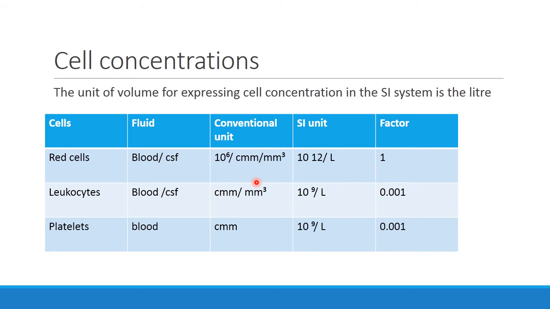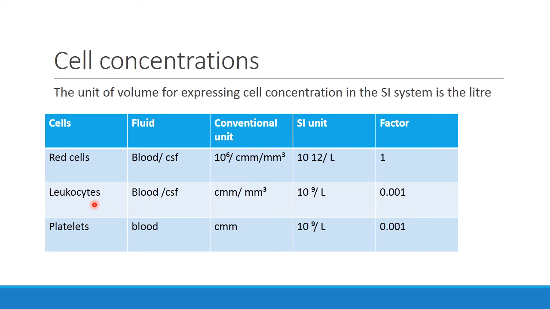So a smaller unit is converted to a higher unit, so you will be getting a particular factor. This respective factor has to be utilized for your numerical value, whatever you have got at the end of your procedures, so that when the final report is given it should be a converted value, or a value with the SI unit.